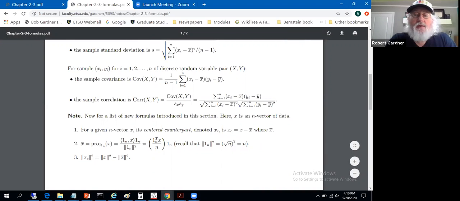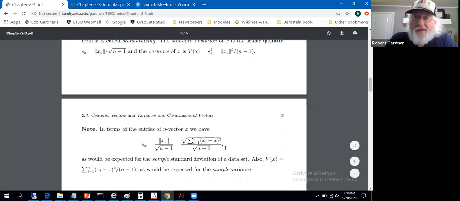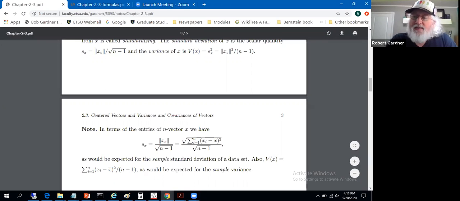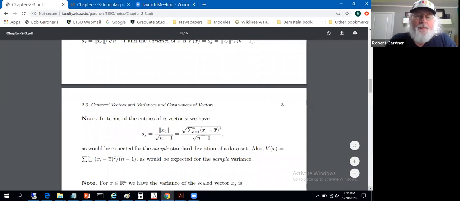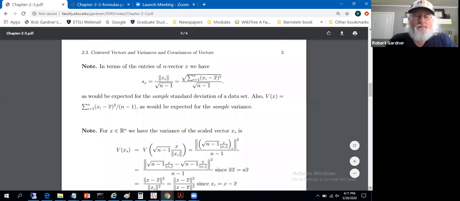Here it is right here. Sum of x sub i minus x bar squared divided by n minus 1, square root of the whole thing. Only difference is the square roots are written slightly differently, but equivalent. So this is the same kind of thing you have when you deal with a sample standard deviation for a data set, x1 through x sub n. Oh, and the variance, of course, is the same as a sample variance.